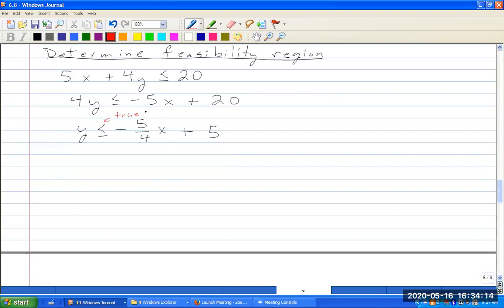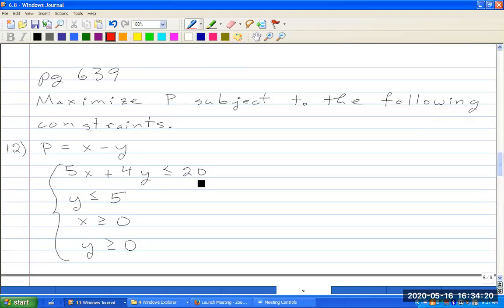Professor, I have a question. How did you get 20? Right there. That's the constraint. It was given in the problem. So that particular inequality was given in the problem, and so it's a constraint.